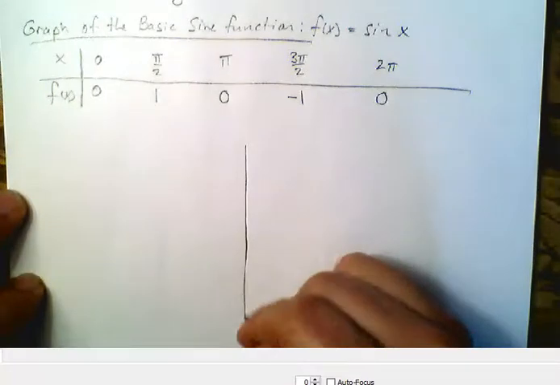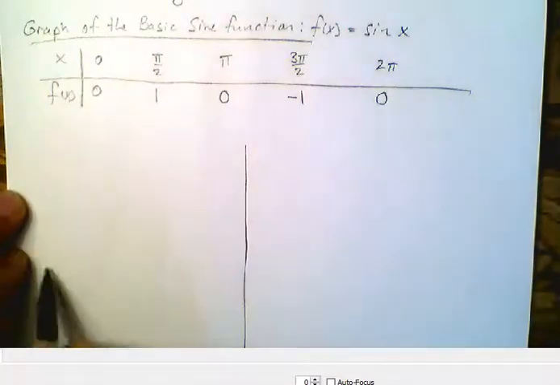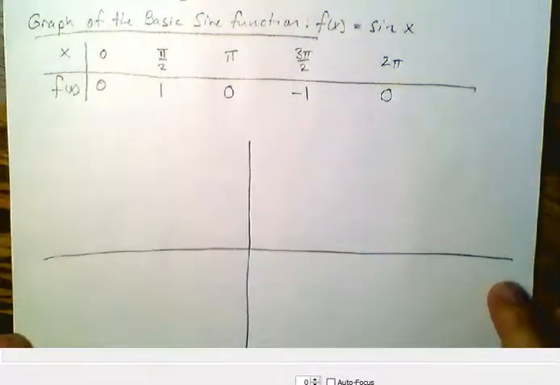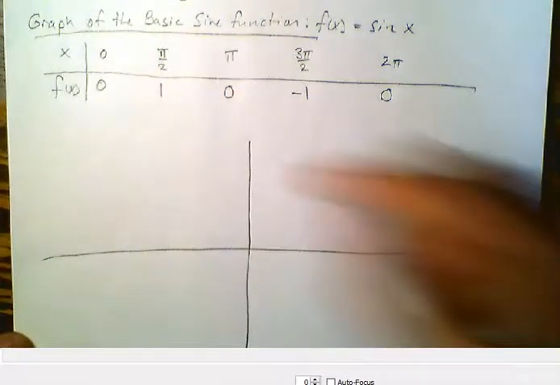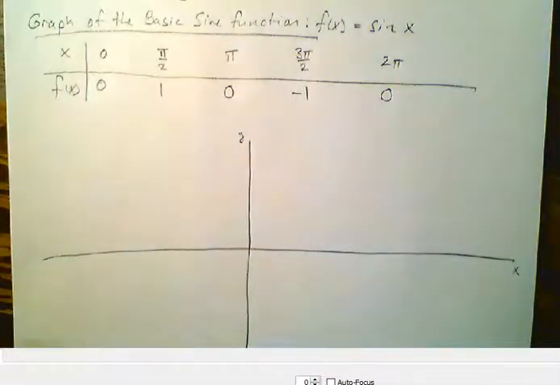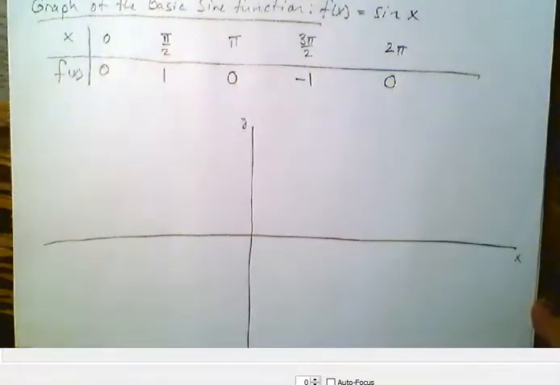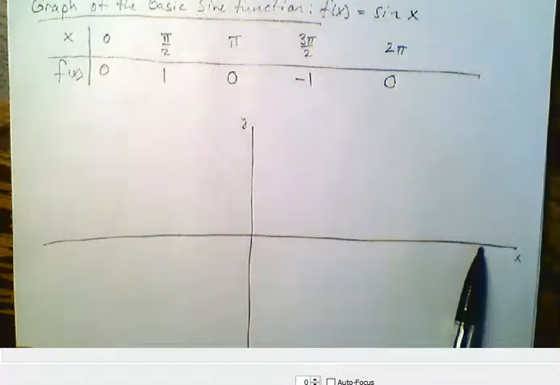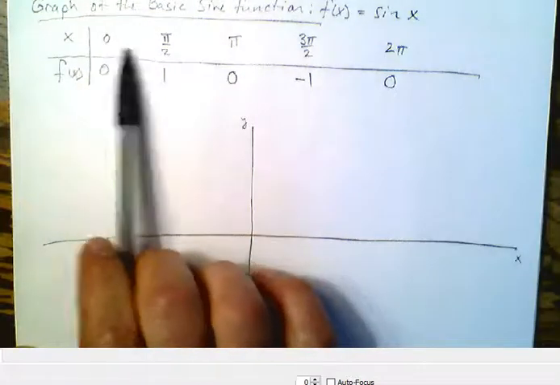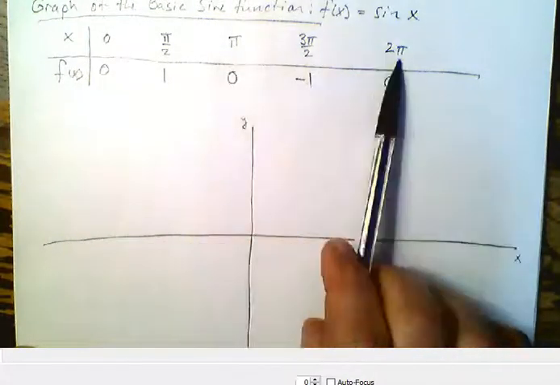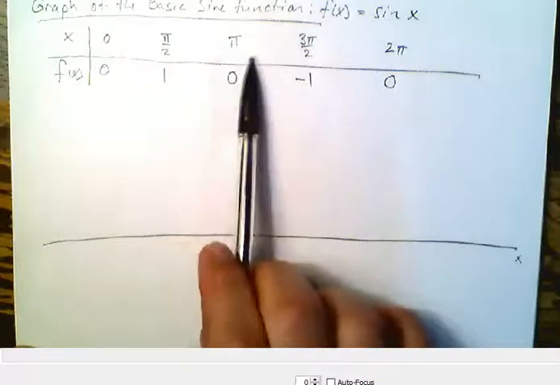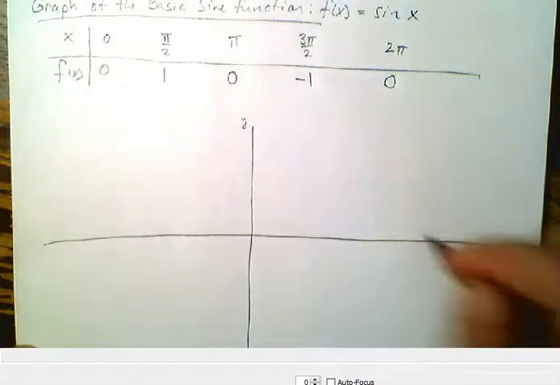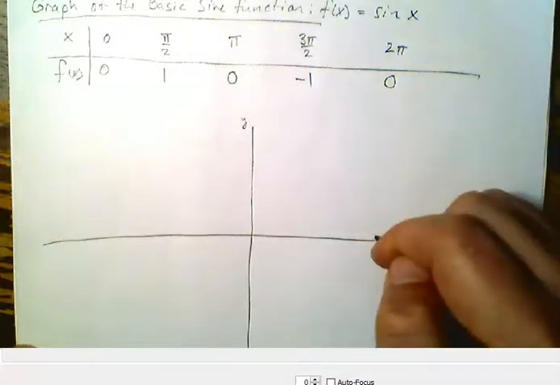So I'm going to start, here's my y-axis, and then I'm going to make a large x-axis there. Okay? So here's x, here's y. And what I'm going to do is scale this axis in a bit of a different way than we normally are used to. Okay? Because my x values, I have to use these angle representations. I want to scale it so that it has these radian values along the x-axis. So I'll put 2 pi here.